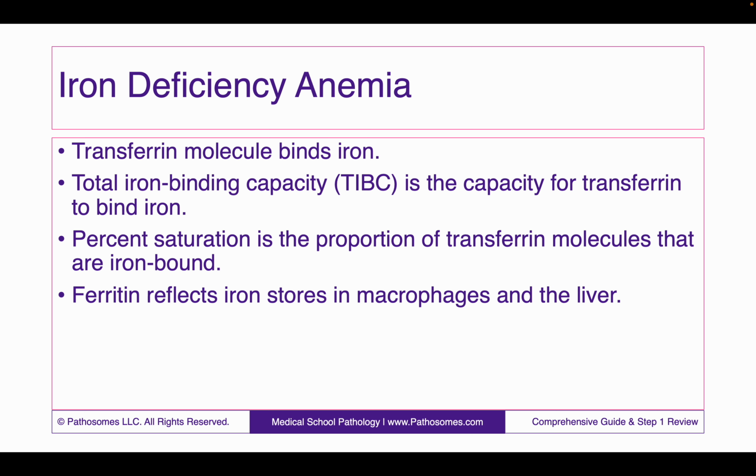Total iron binding capacity is the capacity for transferrin to bind iron. Percent saturation is the proportion of transferrin molecules that are iron bound. Ferritin reflects iron stores in macrophages and the liver.